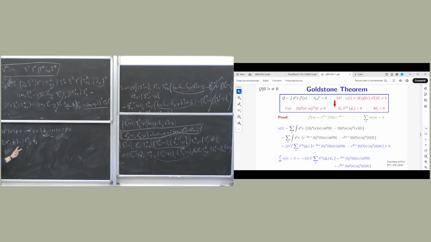This commutator should be written in terms of the fields of my theory, and the fact that the charge does not annihilate the vacuum means that one of the fields should take a non-zero expectation value in the vacuum. Because if all the fields took a zero expectation value in the vacuum, then necessarily the charge would annihilate the vacuum. That's the point. Let me call it phi, for the sake of brevity.